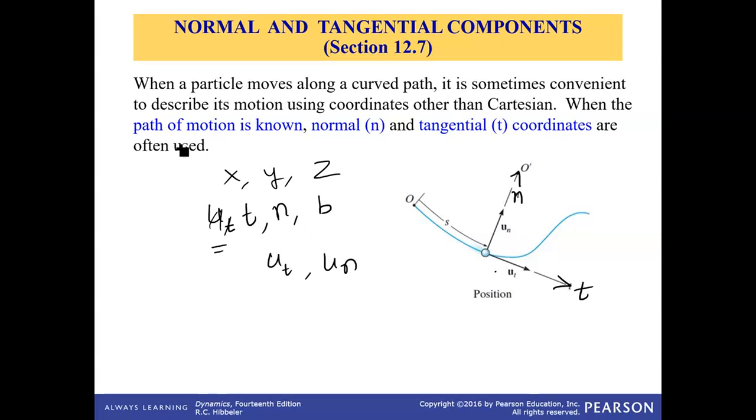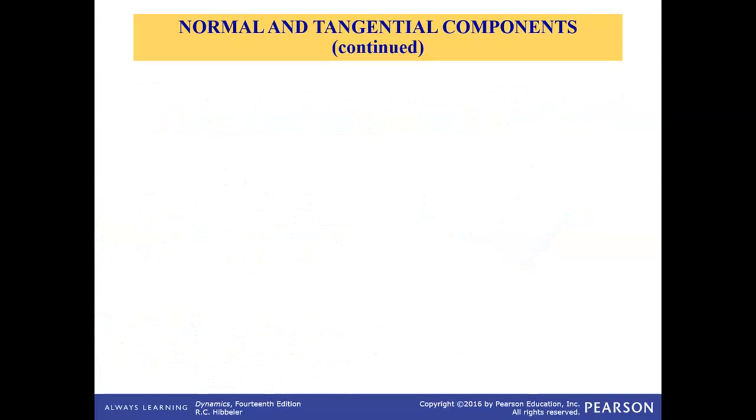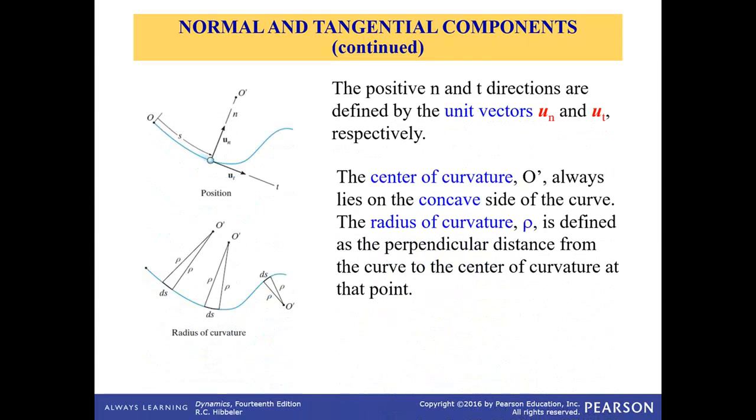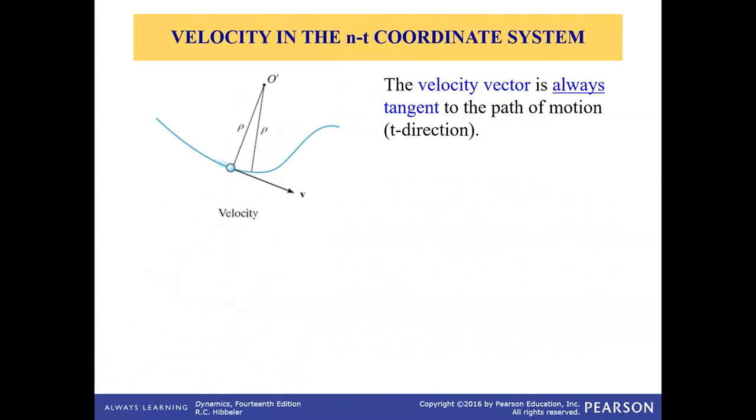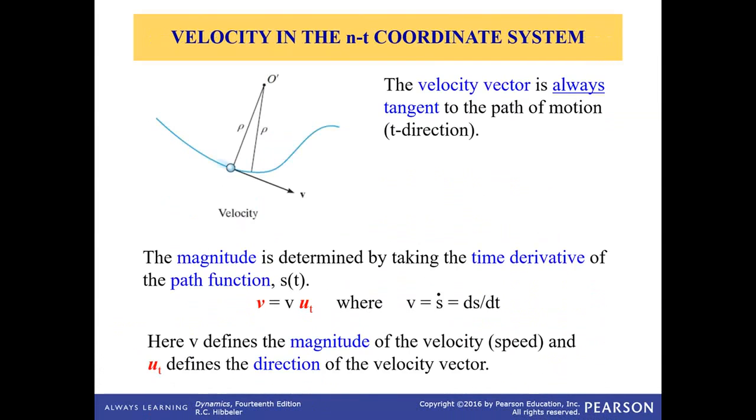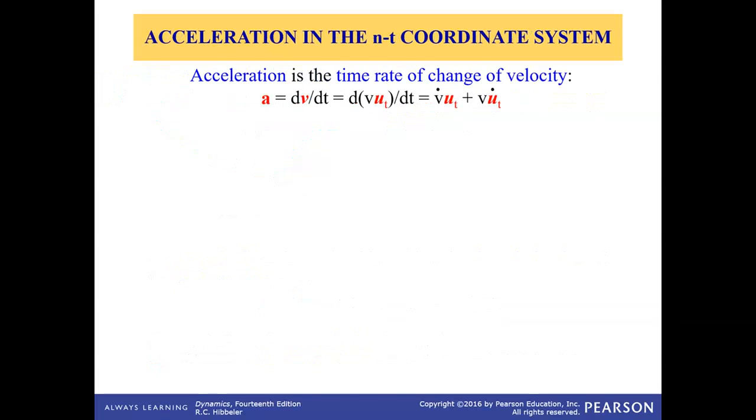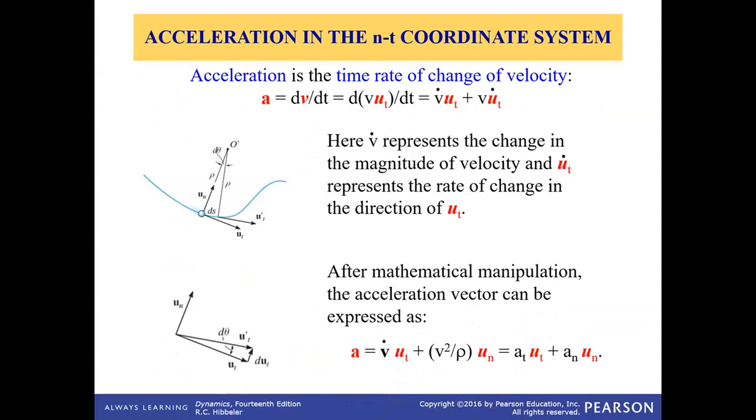These are equivalent to using the i and j unit vectors for x and y. So instead of i and j for xy, now we will use unit vectors ut and un for tangential and normal coordinates.